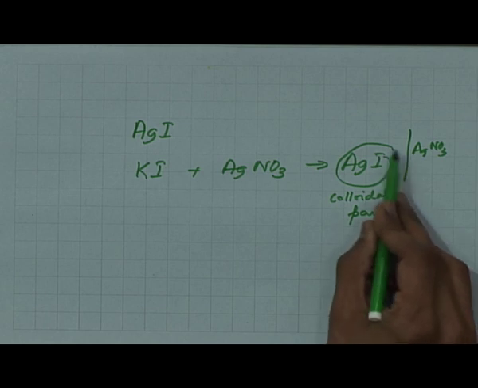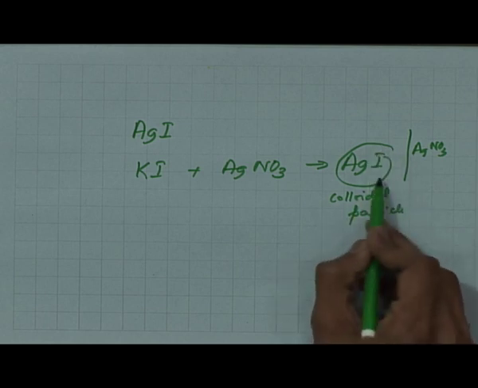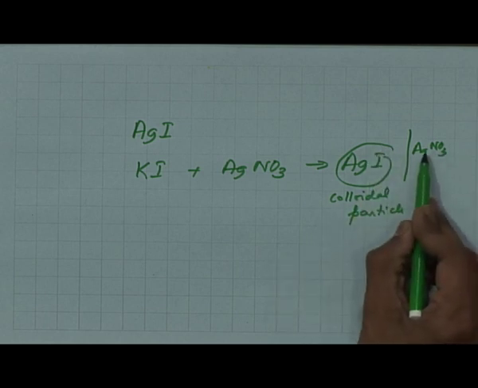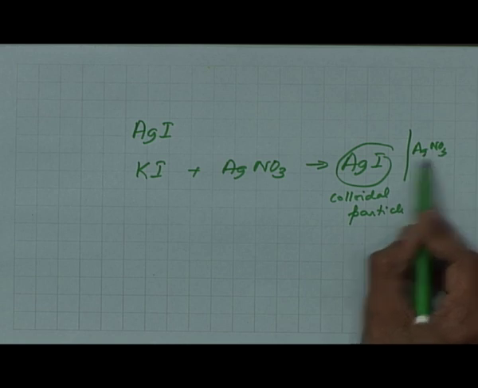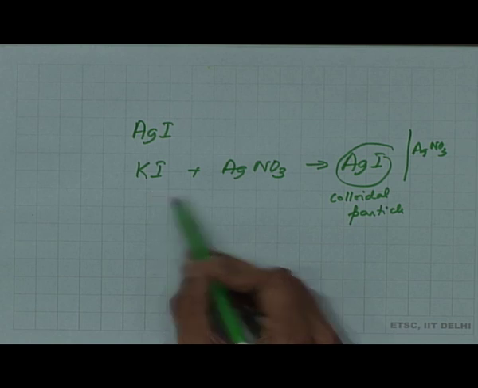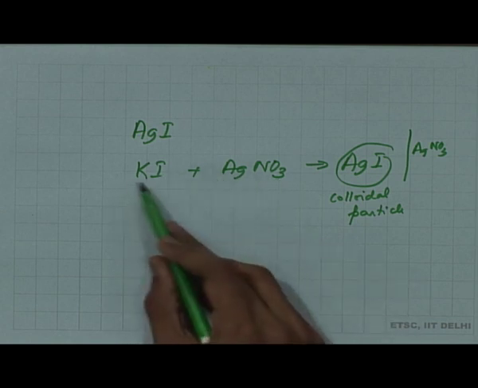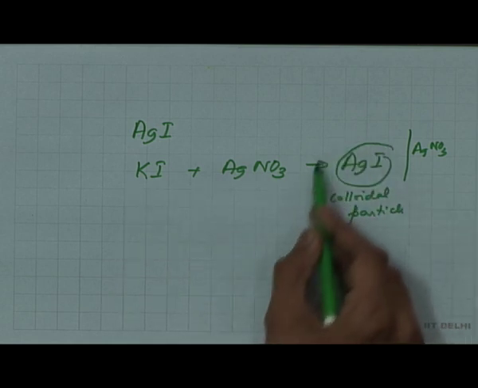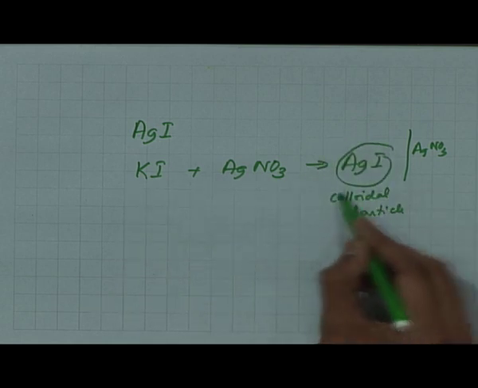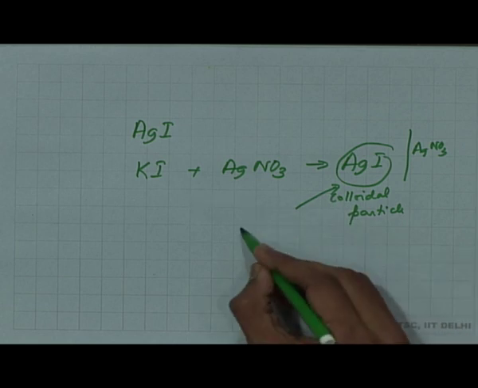So, what will happen is this surface will have a positive charge because there is too much silver on the outside. So, the I minus will come off. On the other hand, if you added silver nitrate to potassium iodide, the reverse would happen. So, the particle that is formed has a charge.